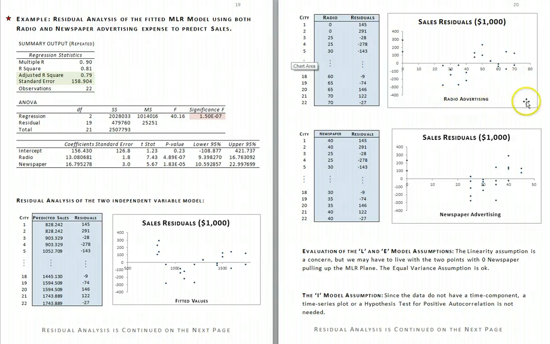Here is the resulting scatterplot. Again, radio advertising values appear horizontally and residual values appear vertically. Again, curvature is evident on this plot, and this curvature places the linearity model assumption in doubt.